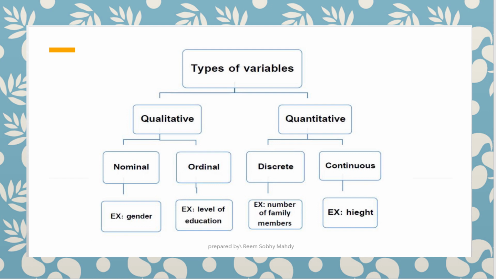Discrete variables are such as the number of family members, number of house rooms, number of children in a family, and so on. Continuous variables are such as height, weight, income, profit, the rate of investment, and so on.